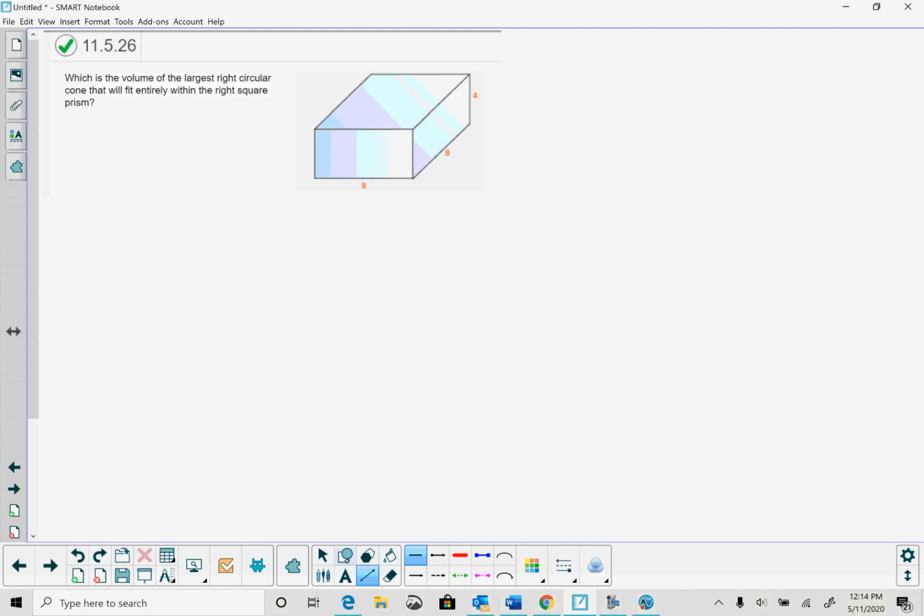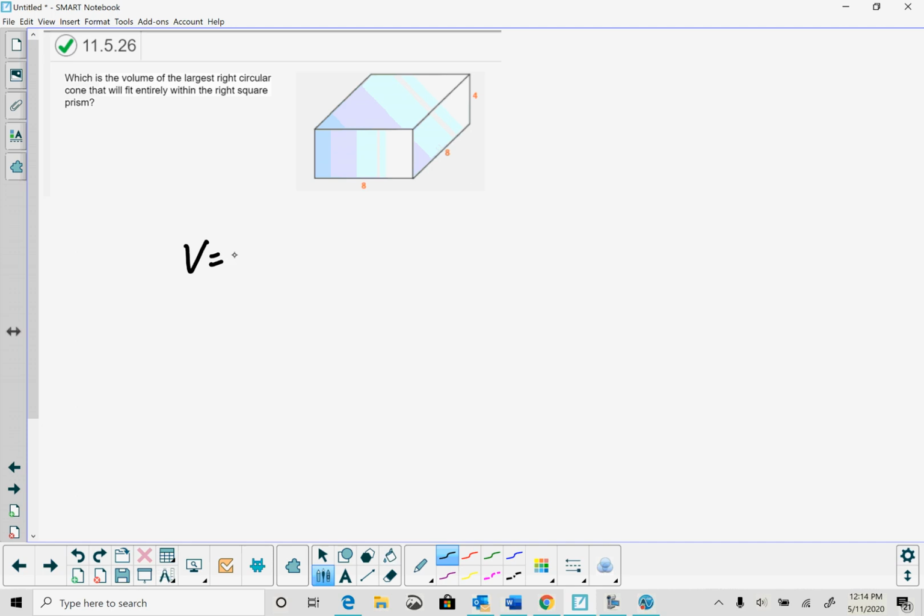Or we could stretch one, say, across the front here, and then go back to some point in the back here. So again, we would have a height of 8. But again, it's going to limit our circular base. So I would say the first one is going to be our best option there.